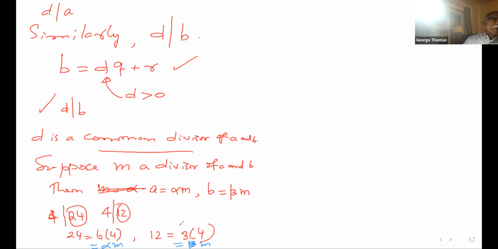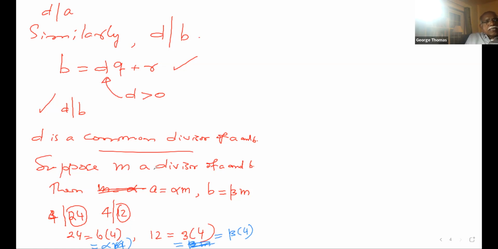I give you an example. 4 is a common divisor of 12 and 24. So 24 can be written as alpha times 4, and 12 can be written as beta times 4. What is beta? 3. What is alpha? 6. It all depends on the numbers.